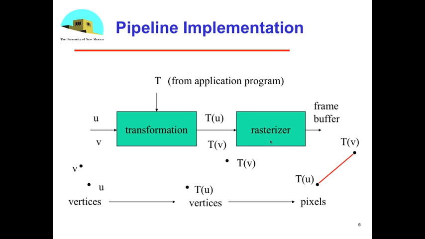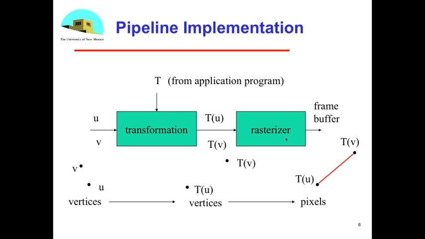Okay, so here's how we want to do this. We start with vertices, and this transformation will be done typically in the vertex shader, although we'll see later that we can do some transformations in the fragment shader. But for the most part, we're going to transform in the vertex shader. We load that transformation matrix from the application as a uniform variable, which we'll see, and then we transform the points.